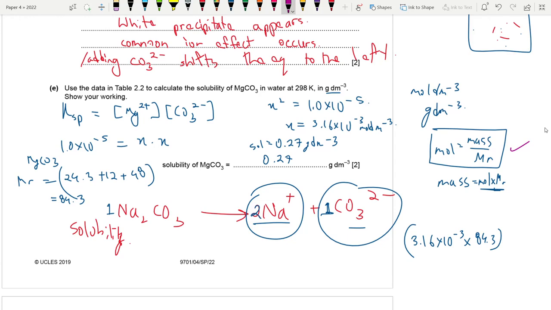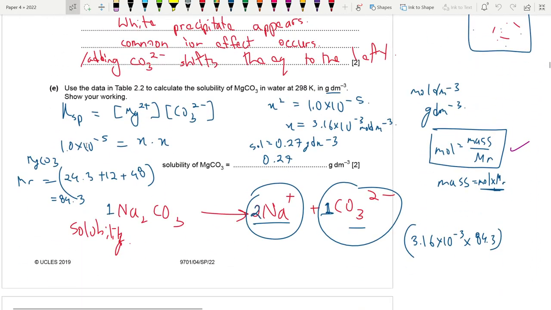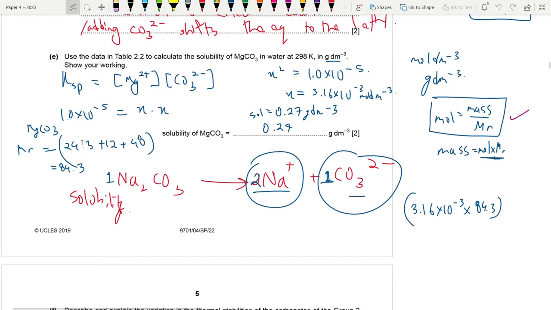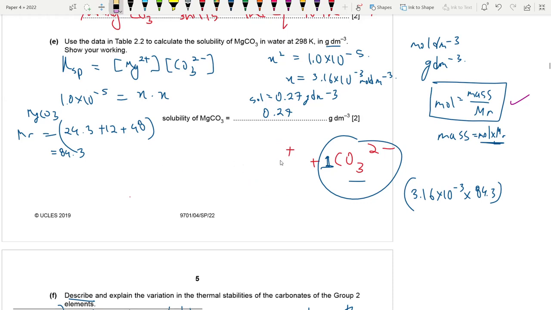So 84.3 into 3.16 into 10 power minus 3 is equal to 0.27 gram per dm cube. They answered to 2SF, but they would allow 3. It would be fine. They don't look at significant figures much in A2 chemistry. Let's go to the next one.